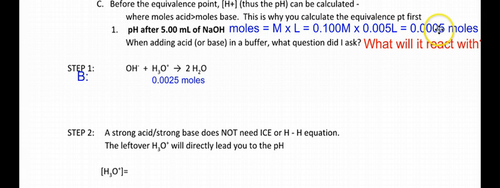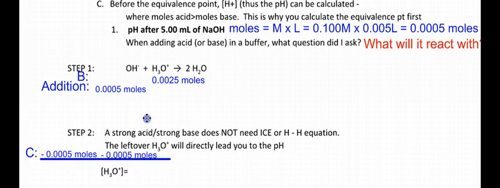So once I've calculated moles, I can tell you how much I have added to my system. So I'll just stick it like that. I've added 0.0005 moles. Now what's going to happen? This many moles is smaller than this many moles of the hydronium ion. So when I do my BCA table, what's going to get used up?